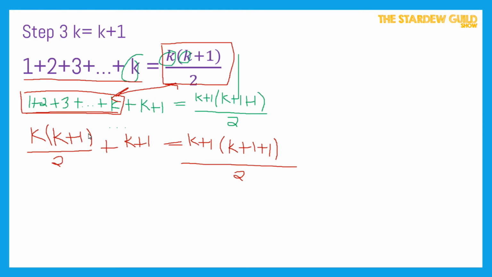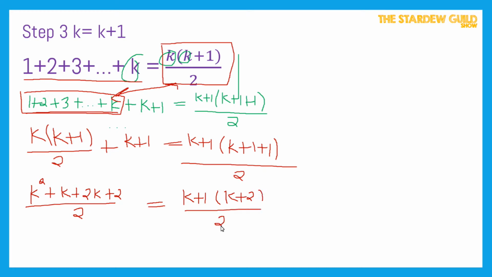So distribute the k here, so it will become k squared plus k plus 2k plus 2. On the other side here, it will become k plus 1 multiplied by k plus 2.